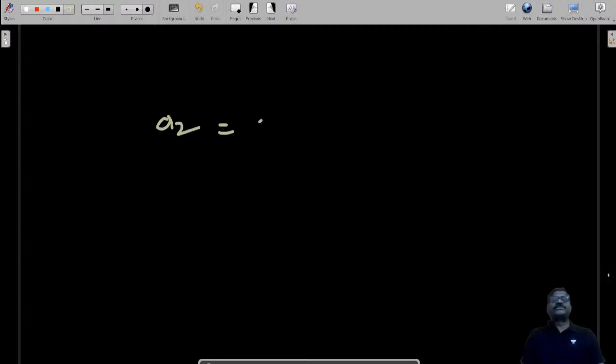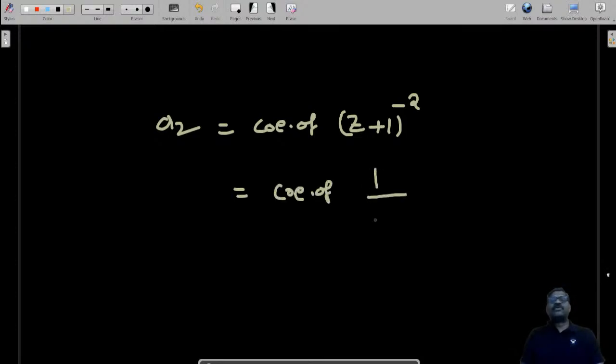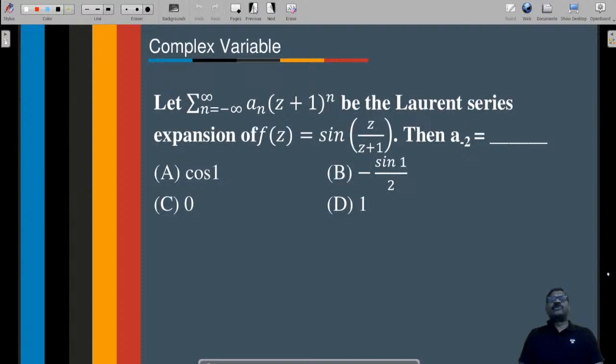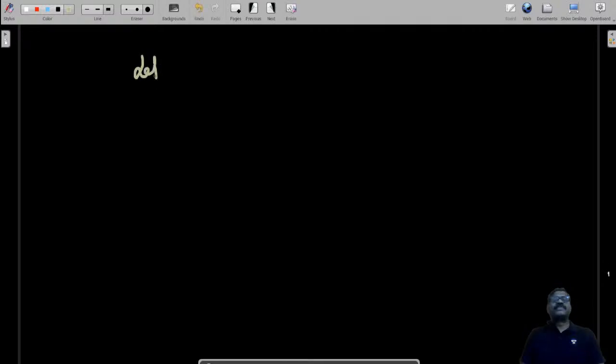a minus 2 is nothing but the coefficient of z plus 1 whole power minus 2, that is nothing but the coefficient of 1 by z plus 1 whole square. So we have to express our series in terms of z plus 1. Let us take z plus 1 equal to t, z equal to t minus 1.